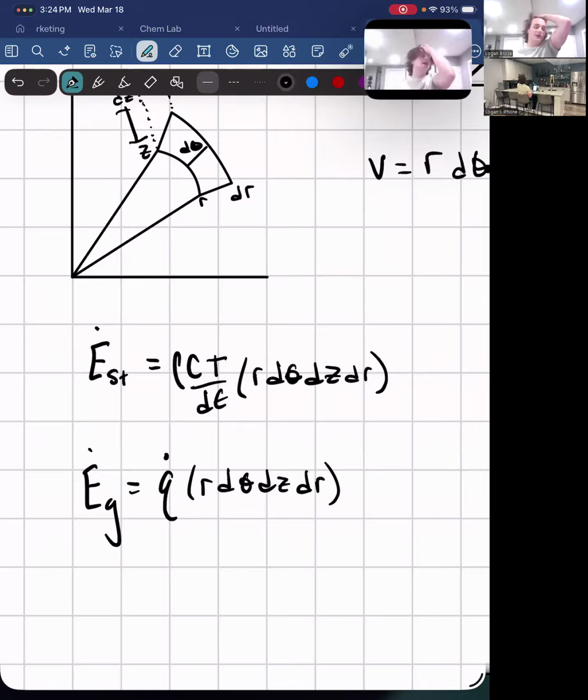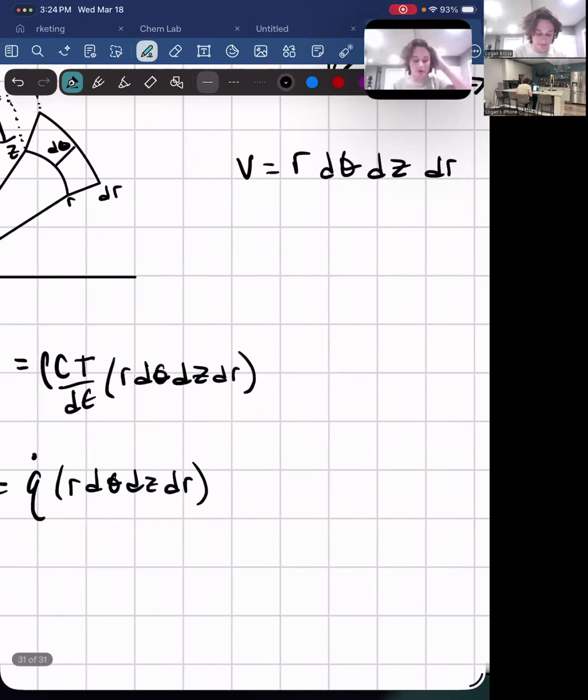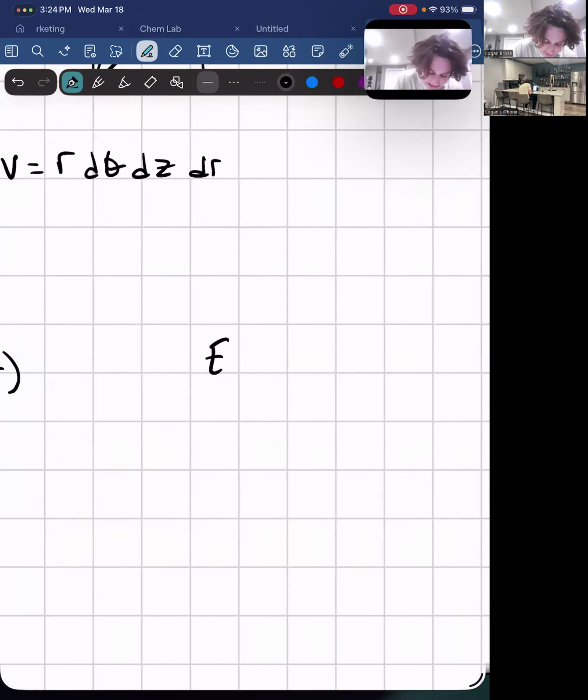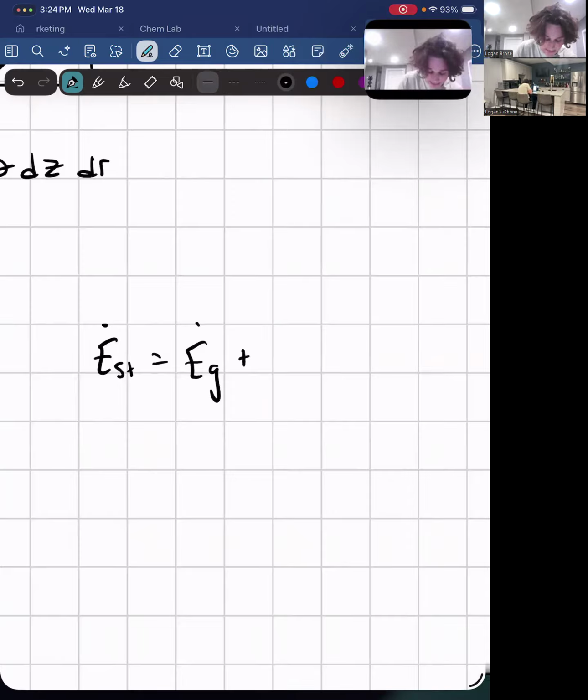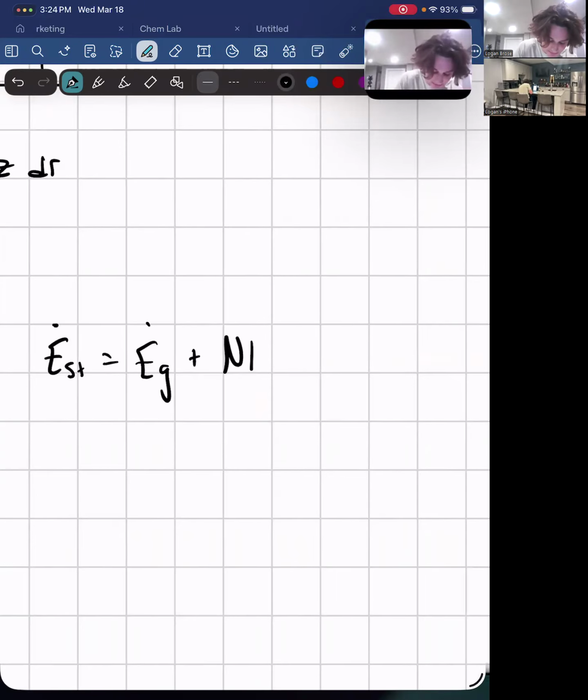And then last we had our energy balance, right? So we had E storage, our energy storage equals our generation plus our net heat flow for each of the 3 directions, our theta, our z, and our r, right?